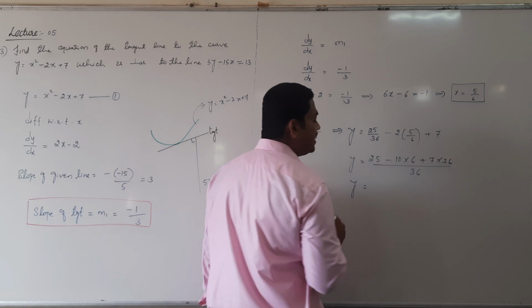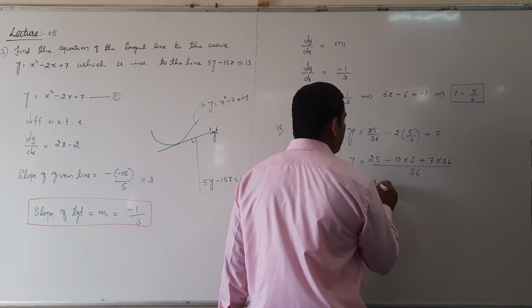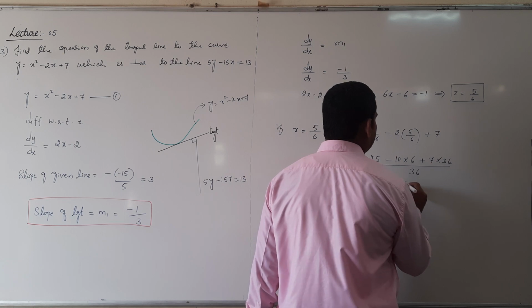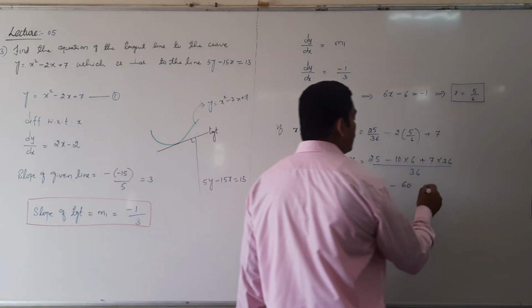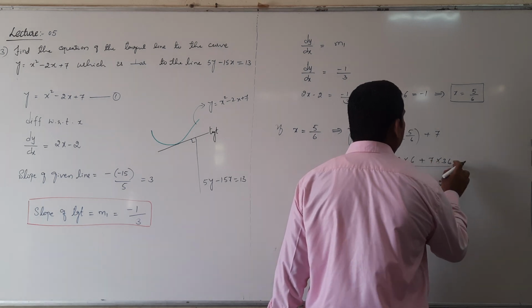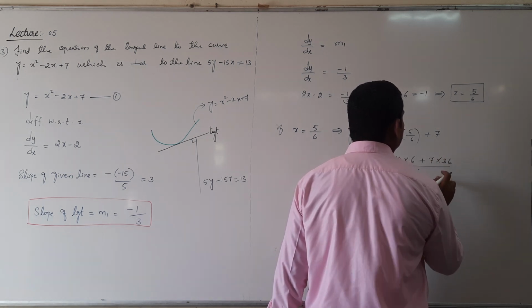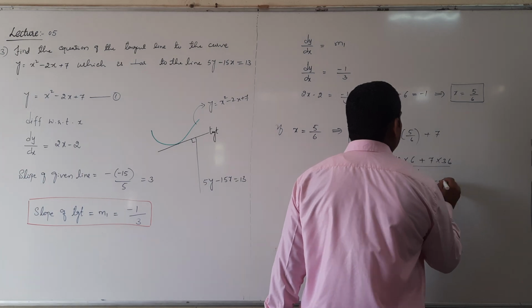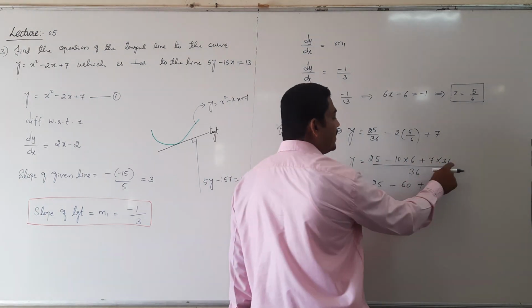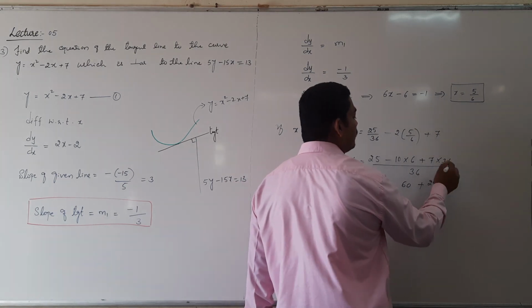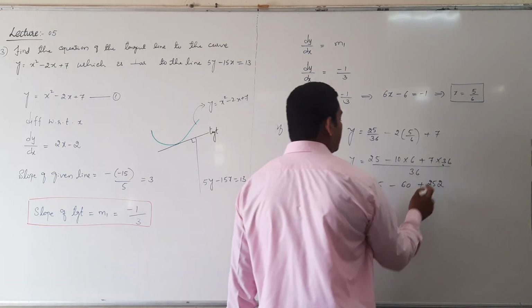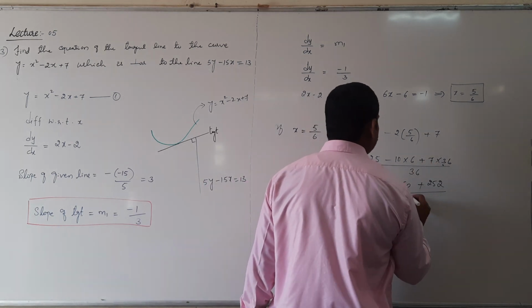Then y is equal to 25 minus 60 plus 252, whole thing divided by 36.